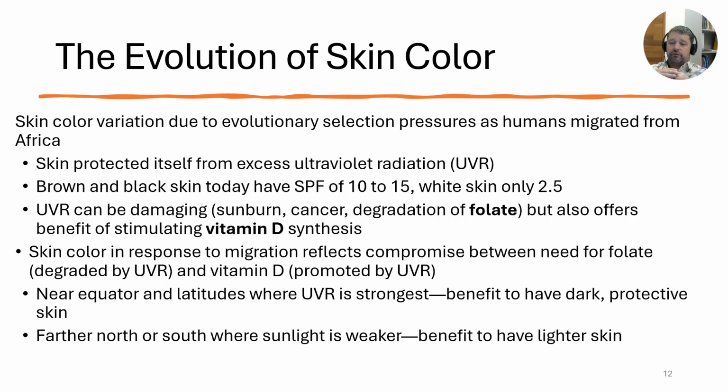So we have this at the equator. As you're moving away from the equator, skin tends to get lighter because there's less UV radiation. When you move closer to the equator, skin becomes darker to protect from that UV radiation.